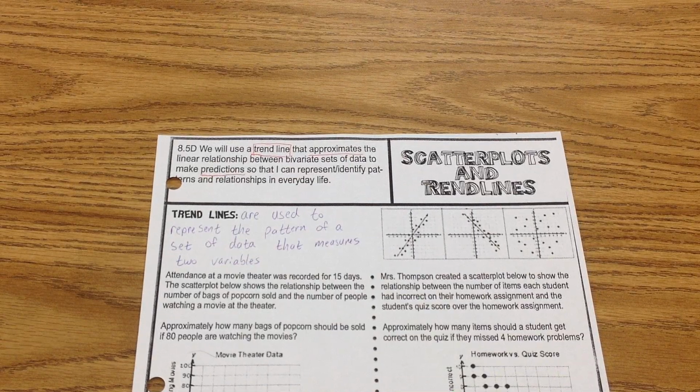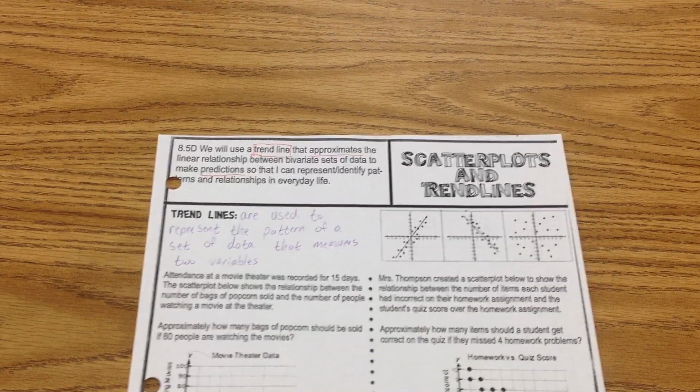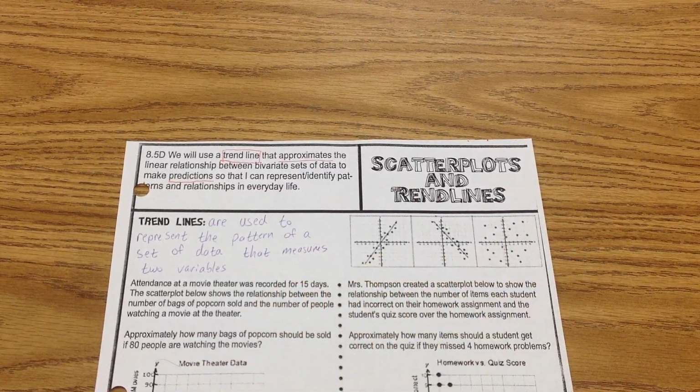So our trend lines, we're going to use them to represent the pattern of a set of data that measures two variables. Let's look at these three examples off here to the side.